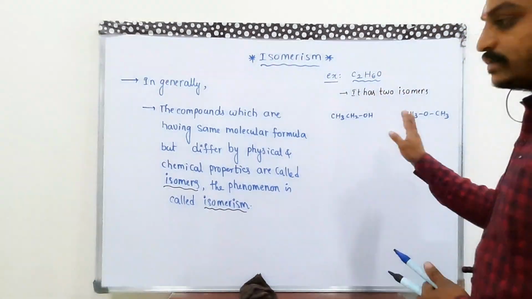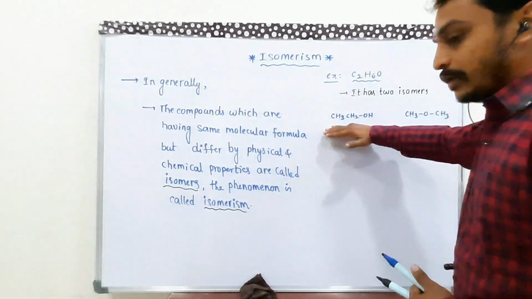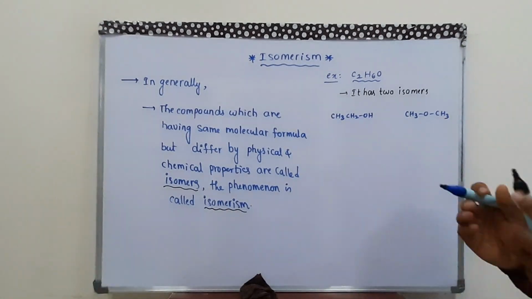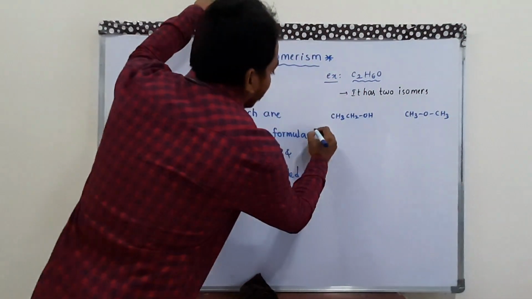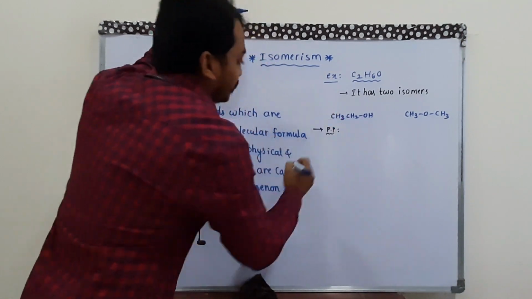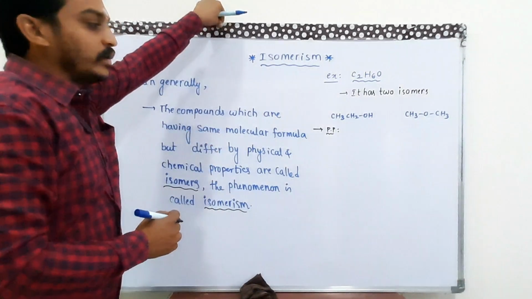The molecular formula is the same, but the functional groups are different. That means the alcohol properties are different and the ether properties are different. Let us look at the physical properties. CH3CH2OH is ethyl alcohol.